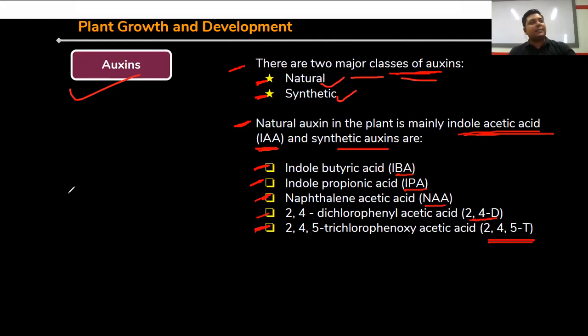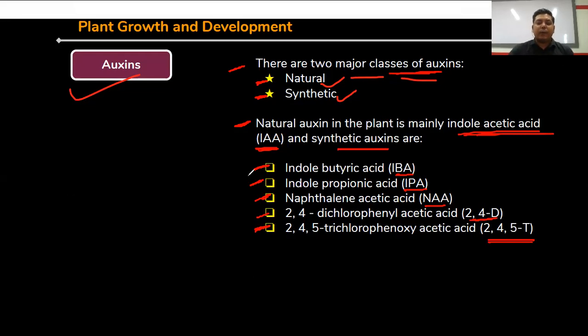Nowadays you can go to any shop in the market and buy carbide and many other chemicals that release ethylene, through which we can ripen several fruits. So natural as well as artificial plant growth regulators are available in our market. Clear?